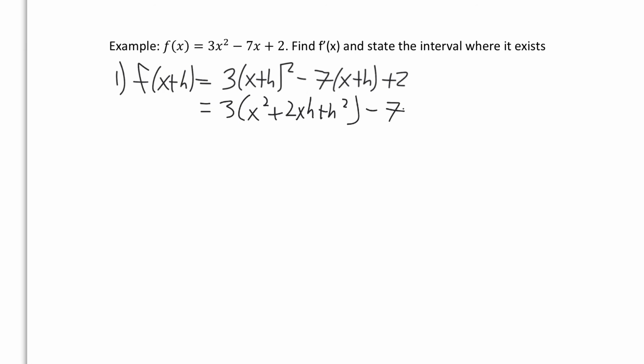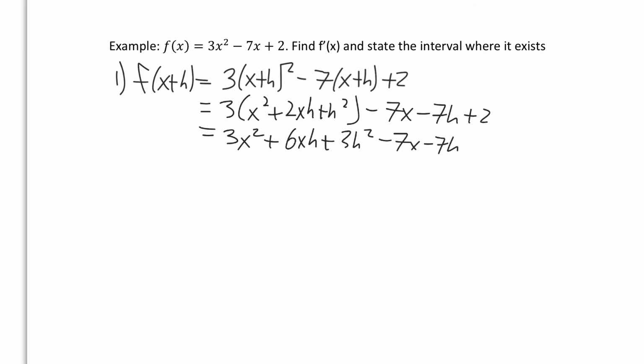Here we could expand this as negative 7x, negative 7h plus 2. Next up, we'll put that 3 into each of them, so 3x squared plus 6xh plus 3h squared minus 7x minus 7h plus 2. So a lot of different terms there, and it doesn't actually look like anything else simplifies, so we're just going to have to leave it there.